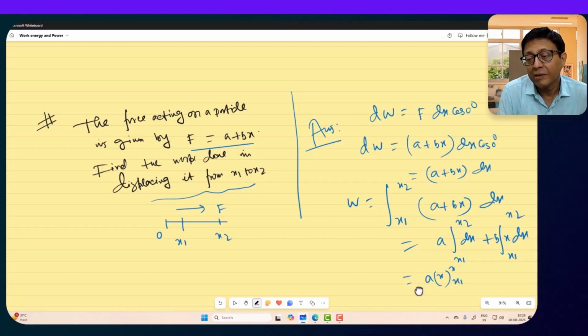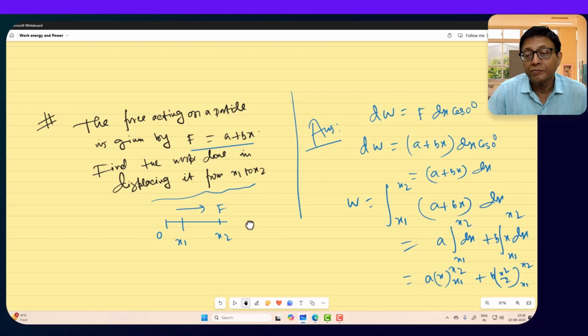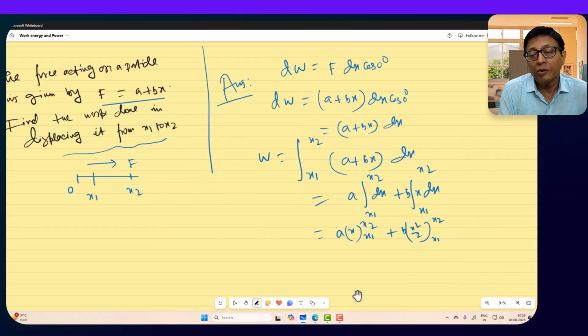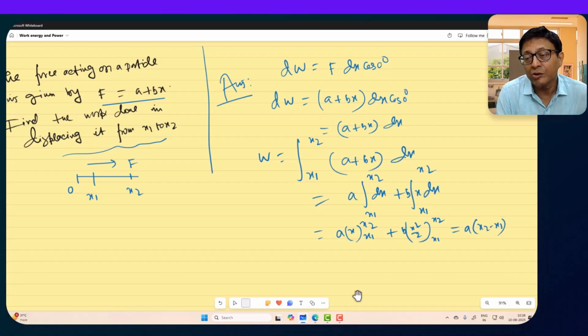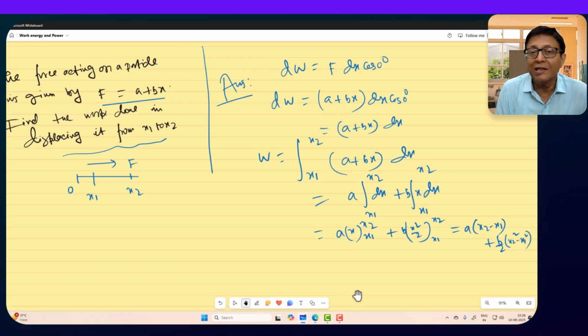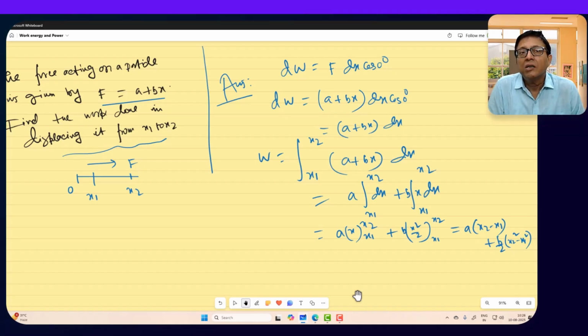Ax, okay. So W is going to be what? A into x2 minus x1 plus B by 2 into x2 square minus x1 square. It's clear?